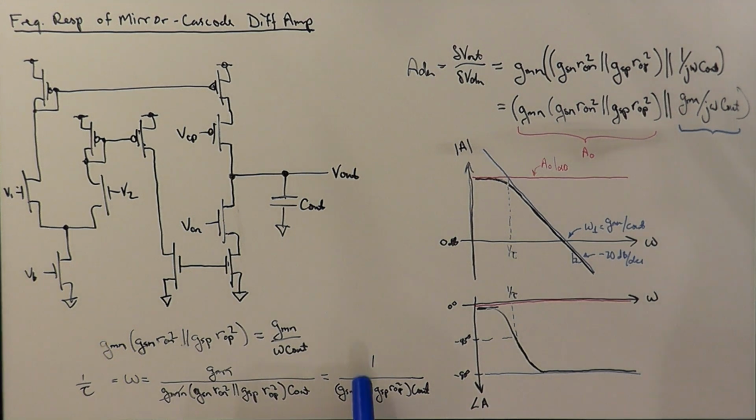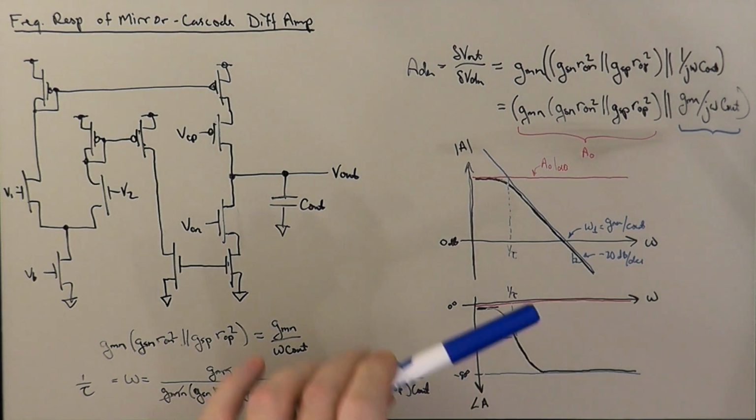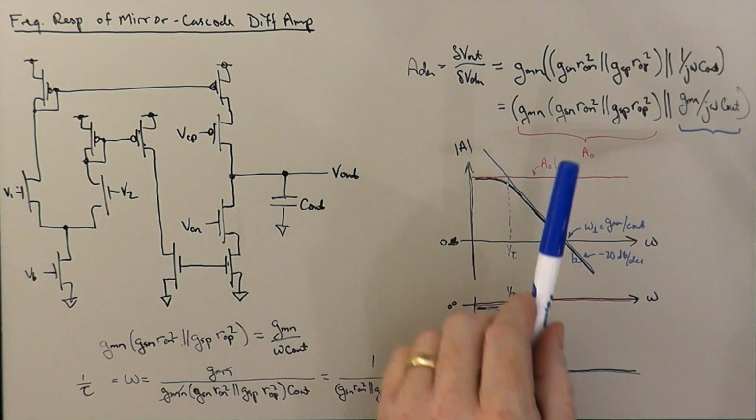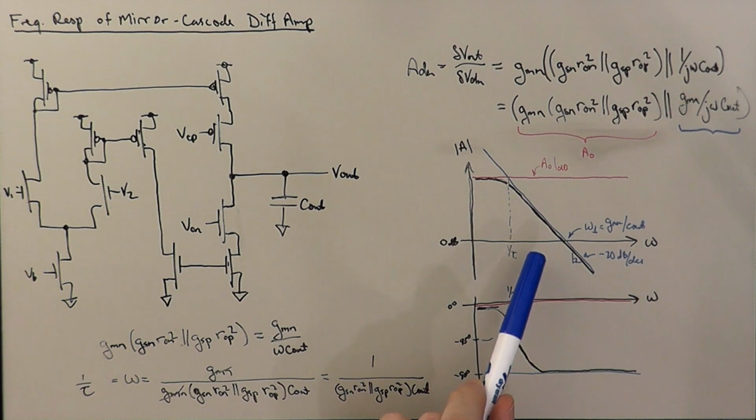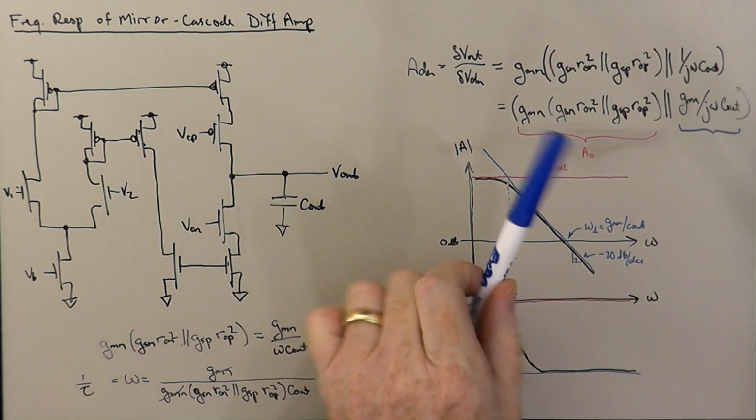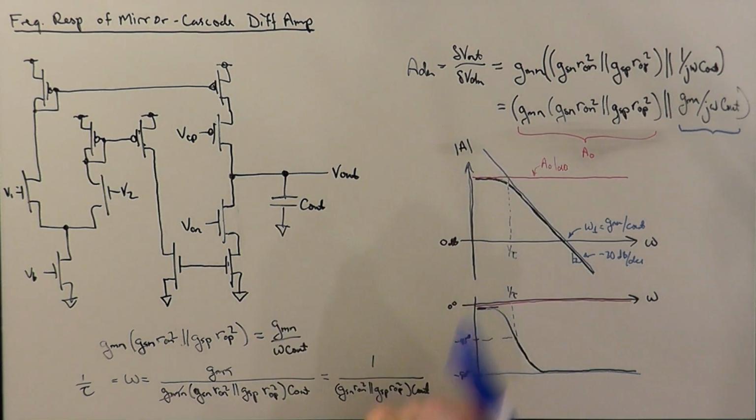That was a time constant, so 1 over that would be the corner frequency. And so by increasing the gain by cascoding, we haven't made the amplifier any faster. We've just basically pushed the corner frequency to lower frequencies. And so that's the other thing I wanted to bring out with this idea here.